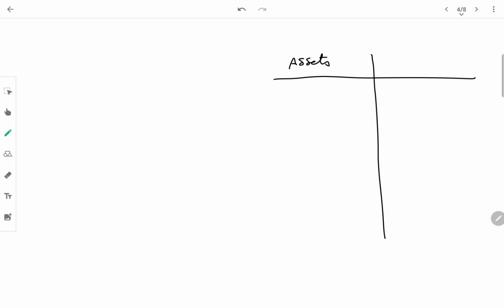What are the main elements of the commercial bank's balance sheet? Let's mention them and then explain each one of them in detail. Number one, this is assets and this is liabilities.